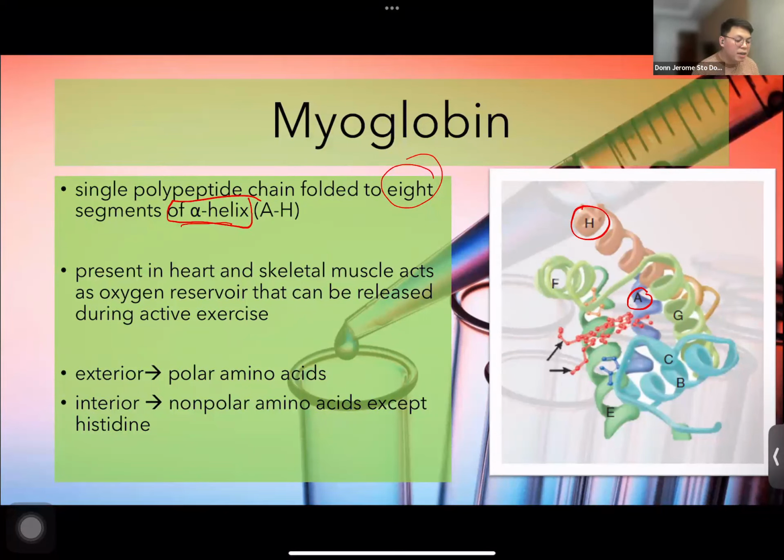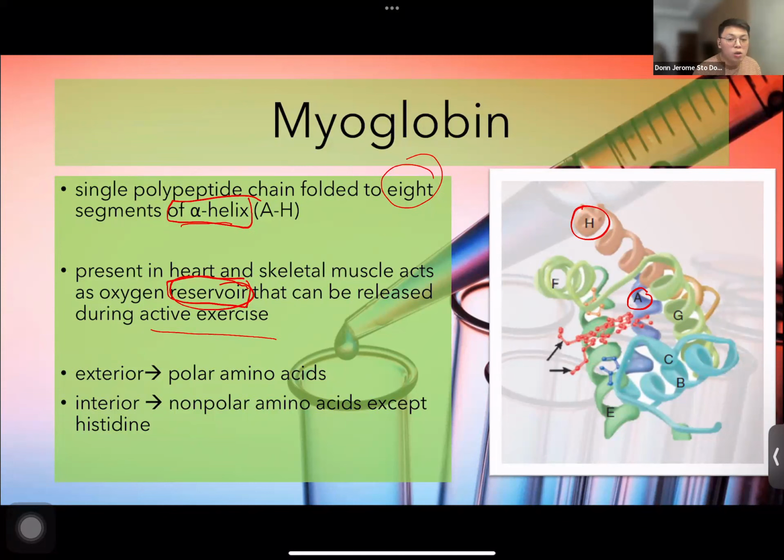It's mainly present in the heart and skeletal muscle that acts as an oxygen reservoir. That is one of its differences with your hemoglobin. Kasi di ba sabi natin when we discussed the heme proteins, hemoglobin is for transport of oxygen while myoglobin acts as a reservoir in muscle that releases oxygen during active exercise.